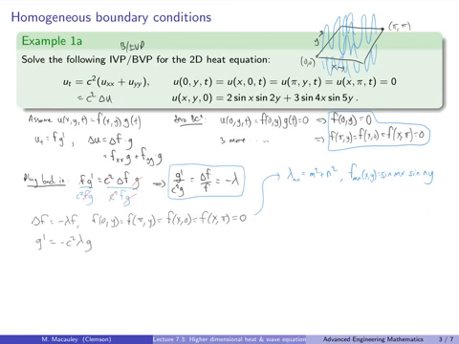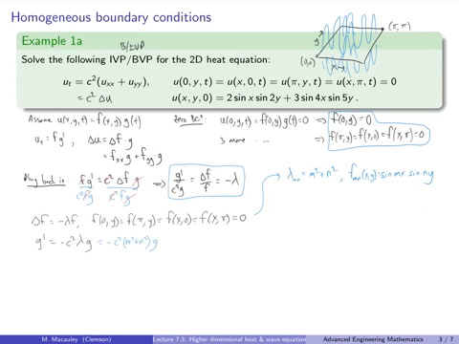Now we can plug lambda back in here, and we can write g prime equals negative c squared times m squared plus n squared times g. And this is just exponential decay. It's the same thing as we saw before, just instead of an n squared, now we have m squared plus n squared.